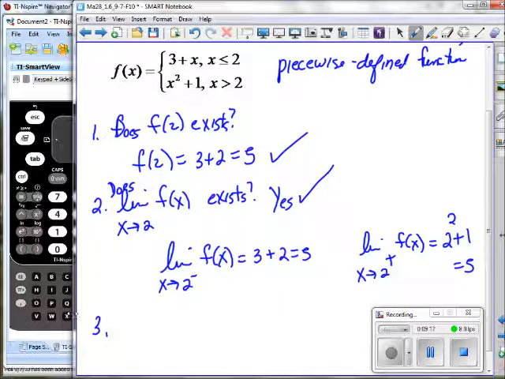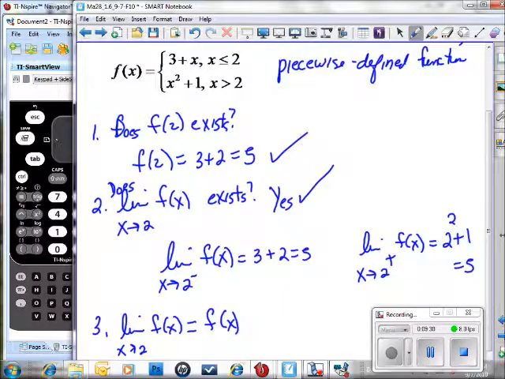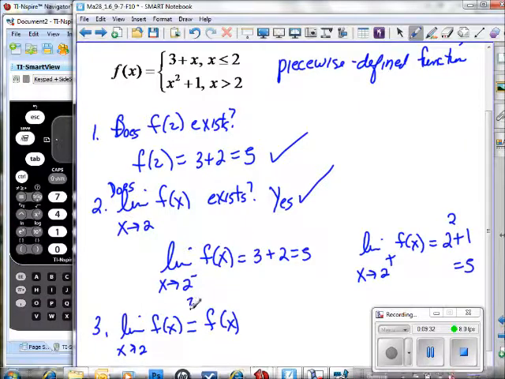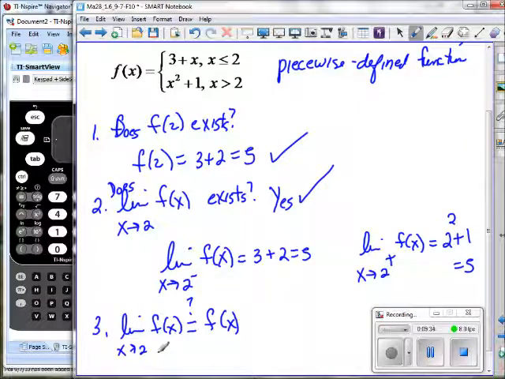Does the limit as x approaches 2 of the function have the same value as the function at 2? That's the question we have. Well, what's the limit as x approaches 2? 5.